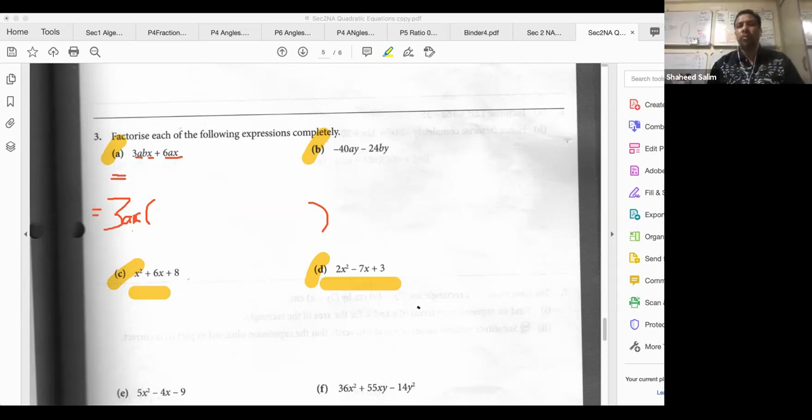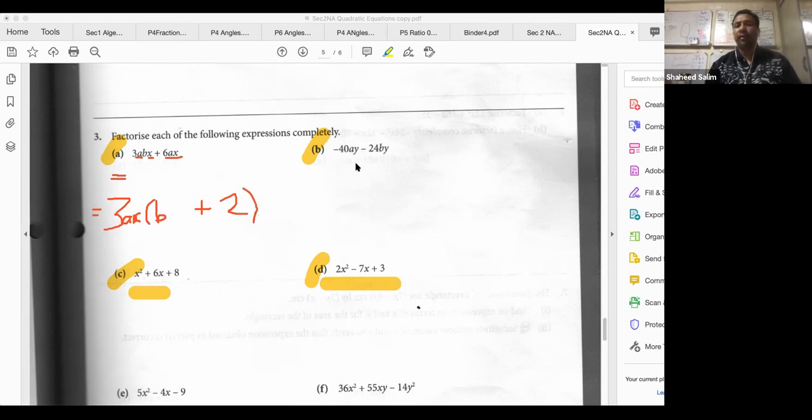Well done. So we put B down here. And then Ryan, what about the next one? 3 times what equals to 6? That's 2. You see 3 times 2 is 6. 6AX. So this is now your factorized version here like that.